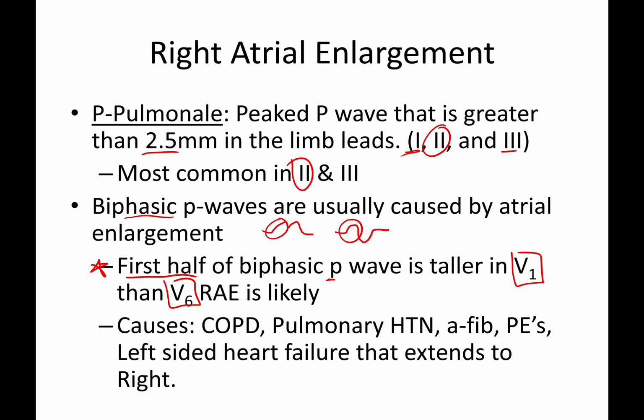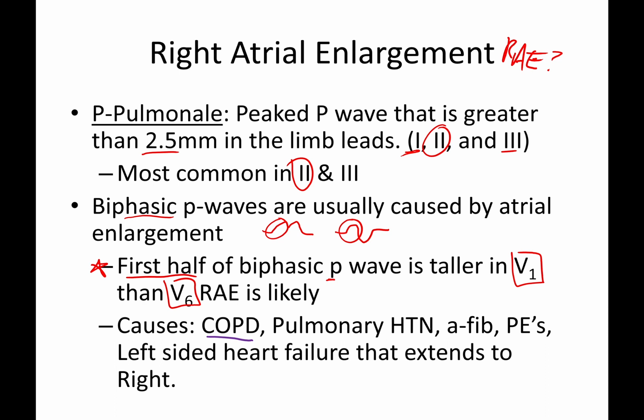At the end of the day, you're curious about causes and what's going to cause right atrial enlargement, also known as RAE. Well, anything that's going to tick off the right atrium. So a lot of lung issues really can be the cause. Think about it. COPD, that's backup.